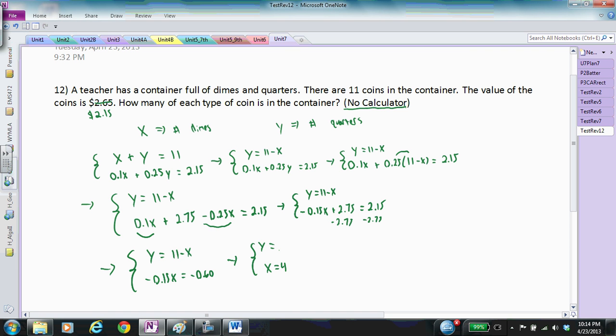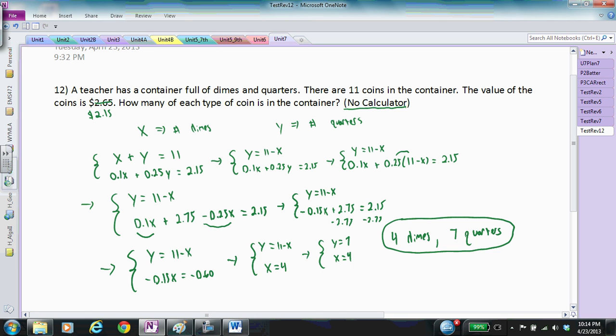Now y equals 11 minus x, so 11 minus 4 is 7. So that's 4 dimes and 7 quarters. And if we do the math, 7 quarters is 175 plus 40 cents is 2.15, so check-a-roo.